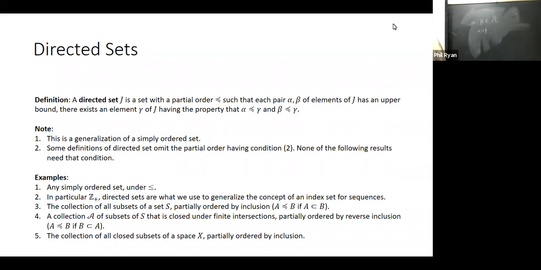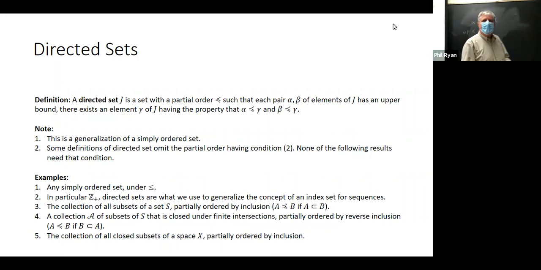So since it's reverse inclusion, it's greater than alpha and beta. And then it's the same thing for example 5, the collection of all closed subsets of a space partially ordered by inclusion. And again, intersection is going to work because the intersection of any two closed sets is closed.